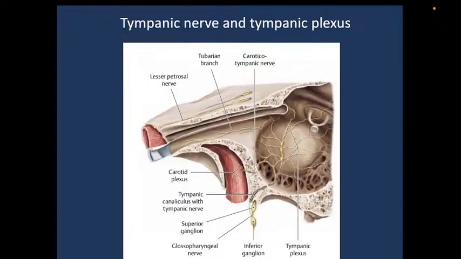The tympanic nerve starts from the glossopharyngeal nerve right after the jugular foramen, and then returns back through the mastoid canal and comes into the tympanic cavity, where it innervates the mucosa of the tympanic cavity, and then goes up and exits the cranium at the hiatus of the lesser petrosal nerve, or minor petrosal nerve.